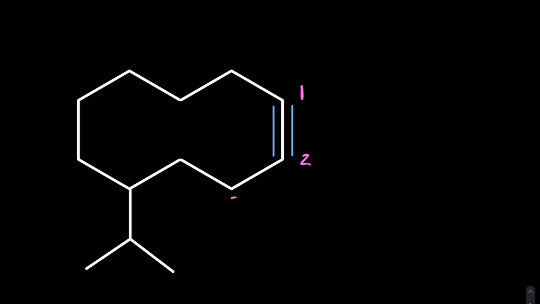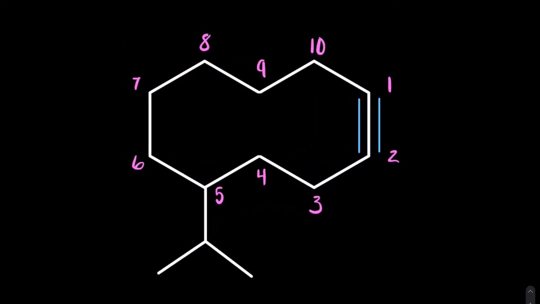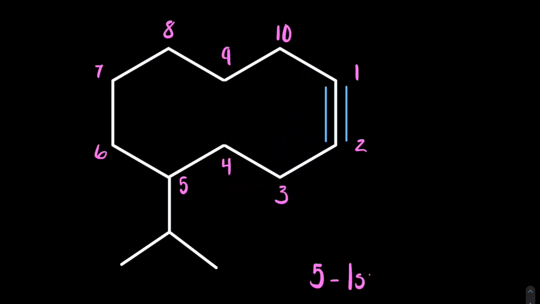It's going to go 1, 2, 3, 4, 5. And we'll just continue numbering so we see how big of a chain we have. But this molecule is a cyclodecyne. See, we have 10. So it's dec. So this gets the name 5-isopropyl, because that's what that substituent is.